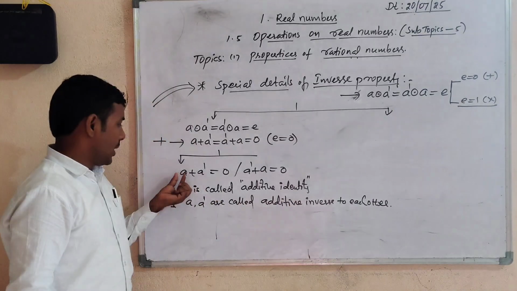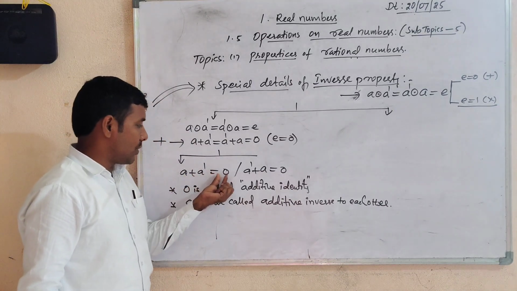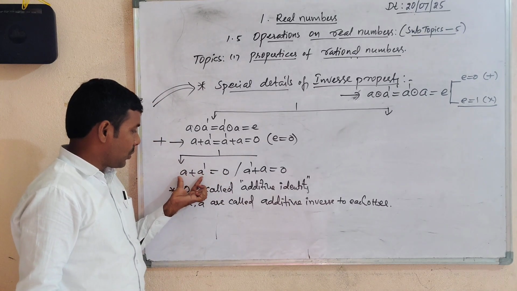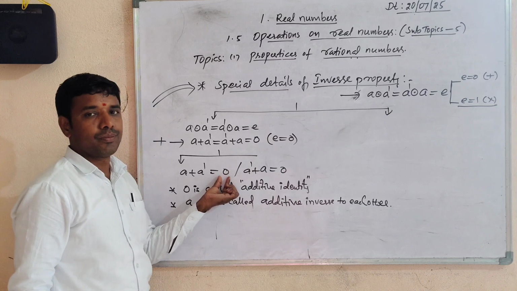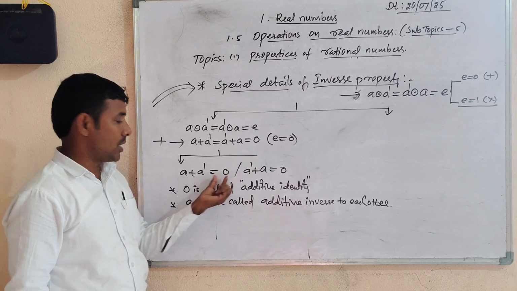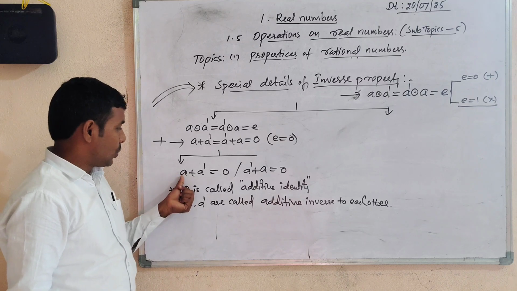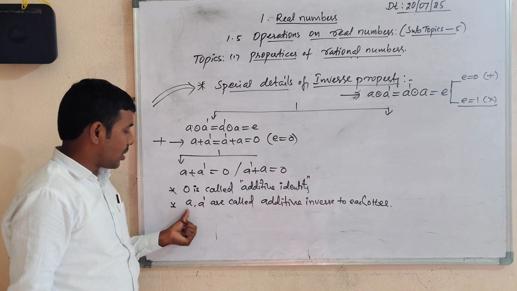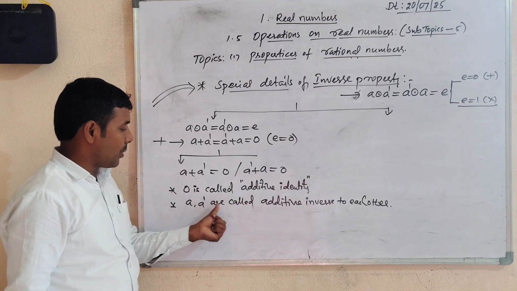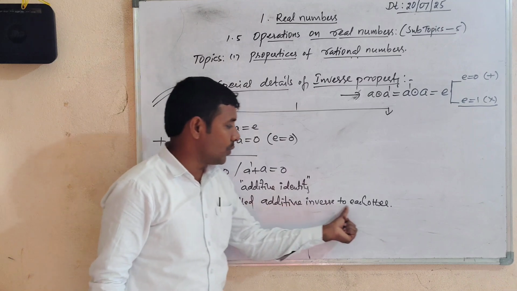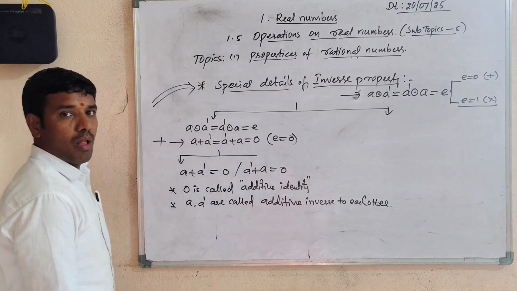What is the reason? A plus A complement is equal to 0, nothing but the sum of two numbers is 0. Students, please try to understand. Sum of two numbers is 0. So those two numbers, A and A complement, are called additive inverse to each other.